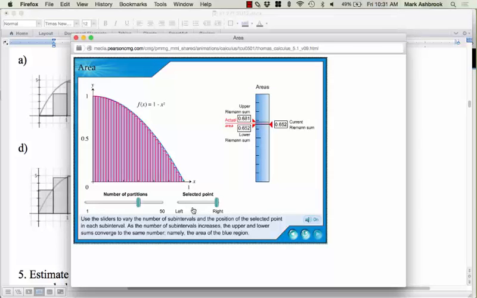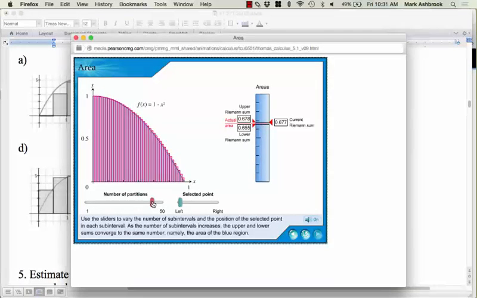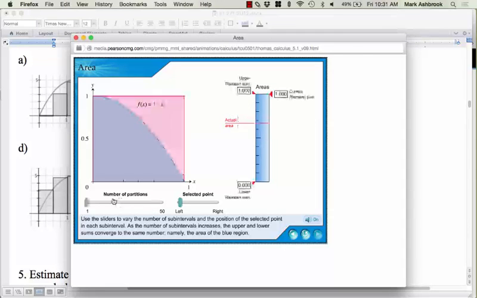With more and more rectangles, the sum of the rectangles approaches that blue area. So our meaning for the integral in this sense is that the integral can represent the area defined by the curve.